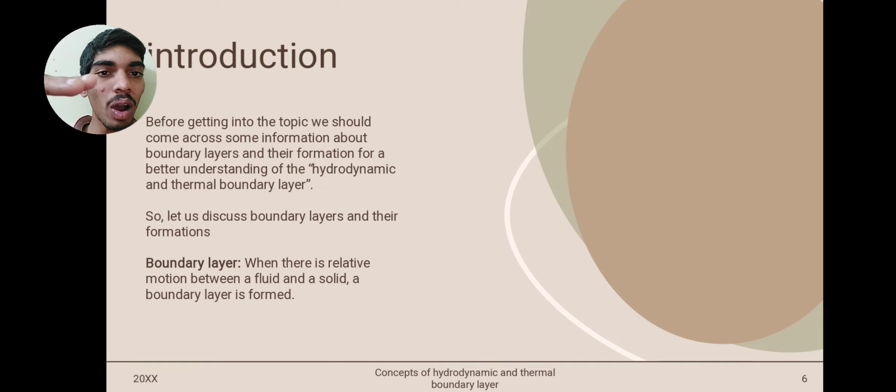Whenever a fluid flows against it, the motion between the fluid and this flat plate tends to form a slight layer, which is known as a boundary layer.